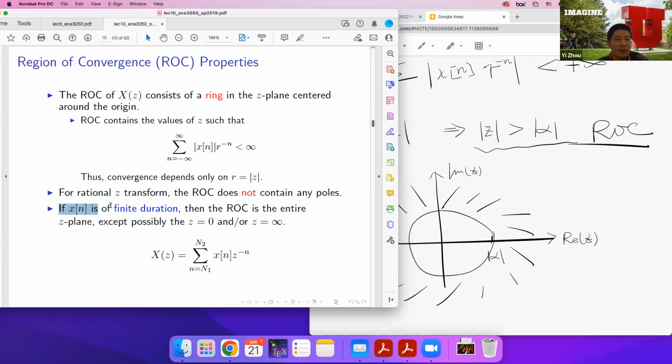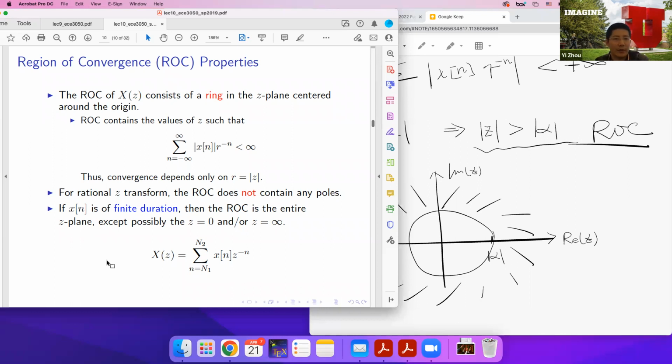Now, if the signal is of finite duration, then we do not have any convergence issue because the signal only lasts over a finite duration of time. So the summation is guaranteed to converge. It will never diverge. In that case, the ROC is the entire Z plane.